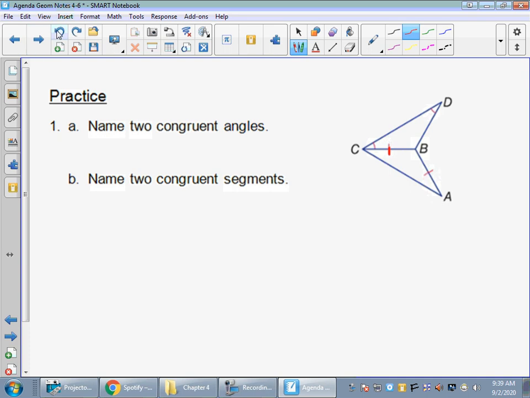Okay, so what are the angles opposite those? Well, angle A, right here, would be opposite of this one, right? Okay, and also this side here is opposite from angle C. So angle C would have to be congruent to angle A.